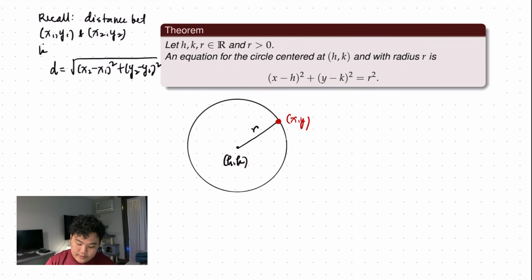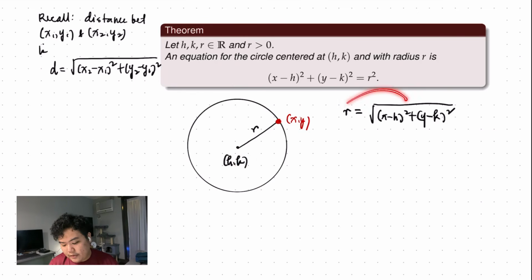So, r is equal to the square root of (x - h)^2 + (y - k)^2. And voila, when you square both sides of this equation, makukuha mo, ayan.